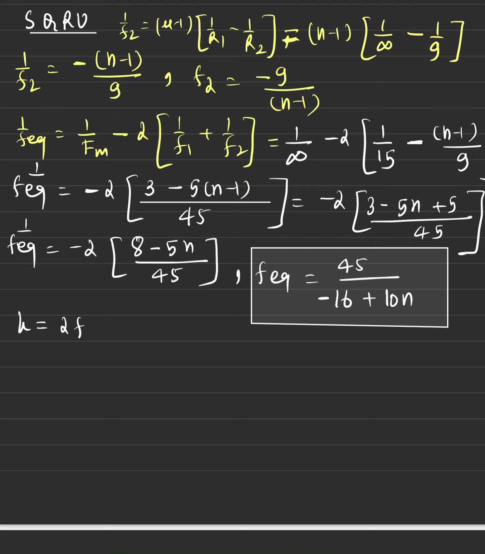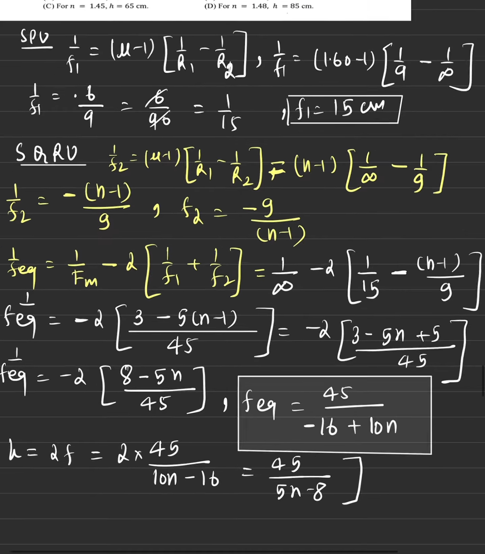So here it will be 2 into 45 upon (10N minus 16). If we take the common factor 2, it becomes 45 divided by (5N minus 8). And we are ready to check the options.